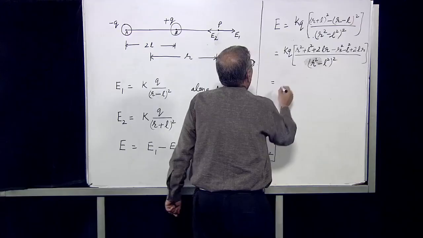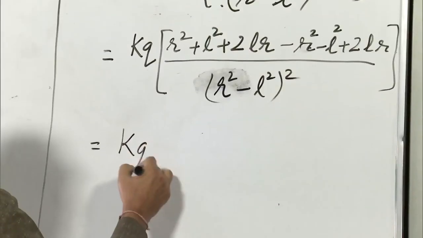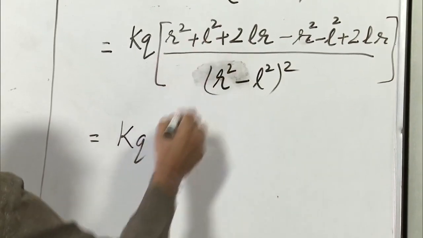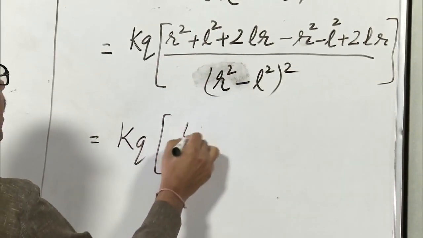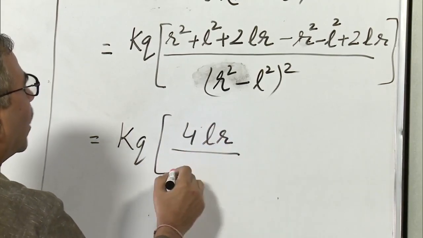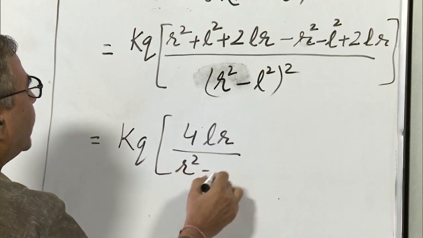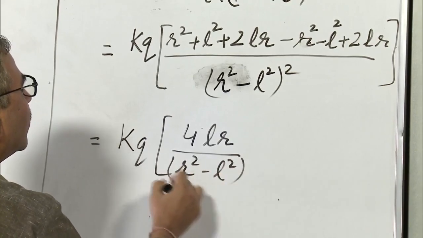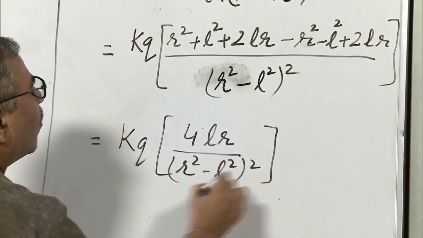So, this comes out to be KQ 4LR upon R square minus L square raised to power 2.